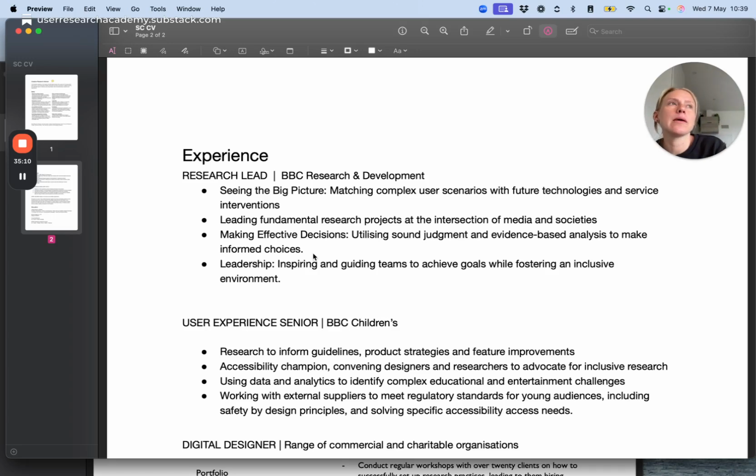What were you able to showcase and demonstrate? What was the impact? Versus somebody who writes that they led generative research sessions that highlighted a new segment and then increased revenue or market share.